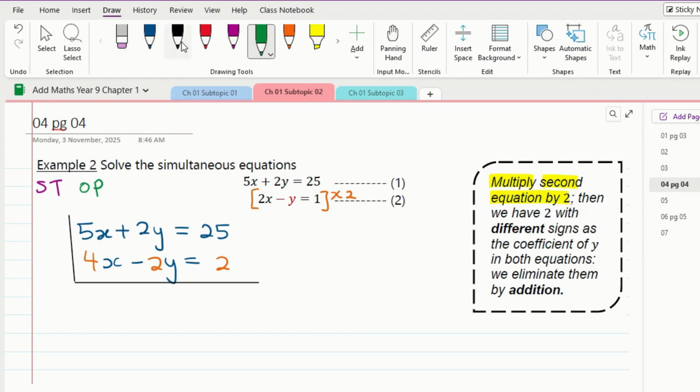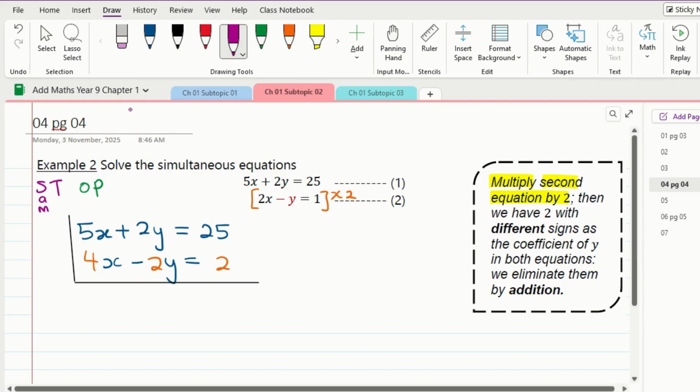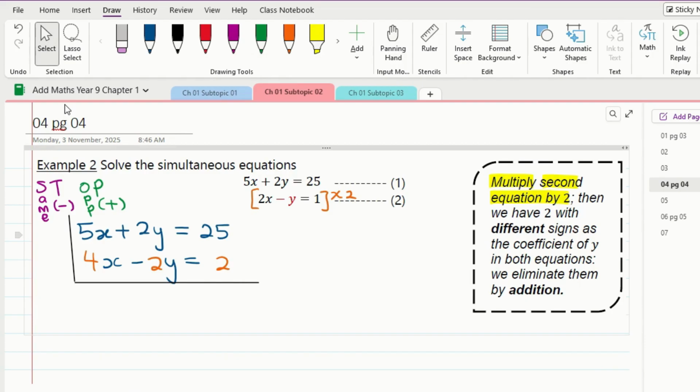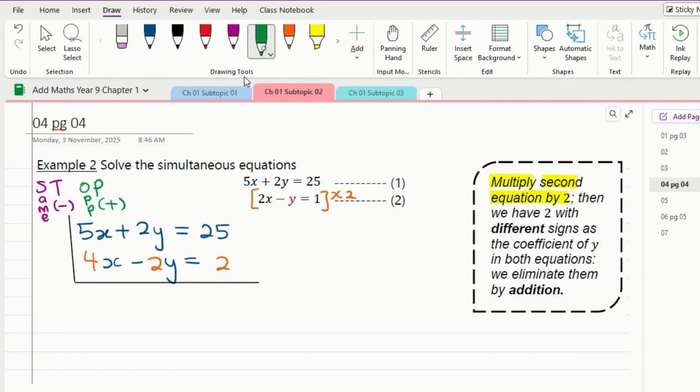So S means same sign, that means you are taking away, so you are subtracting, and OP means opposite, and P means plus. So here, if you have the same sign with the same coefficient, that means you are going to subtract both equations. But if you have the opposite sign with the same number of coefficient, you are going to plus or add. So here we are selecting add.